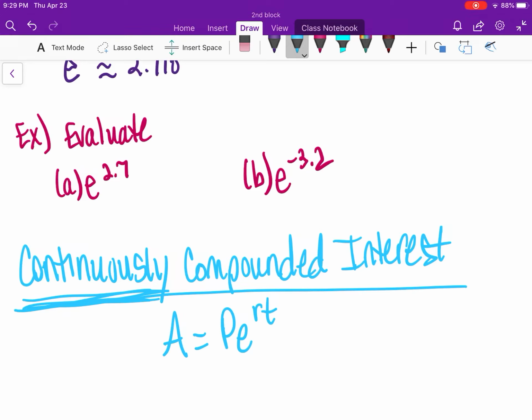So what's the difference in interest that's compounded continuously versus what we saw earlier where we had to tell it how often it was calculated? Like the problem we did was quarterly, or you might see a problem that says annually. Well, if it's compounded continuously, that would be like having an N value of 365 or more. So your interest is figured out every day.